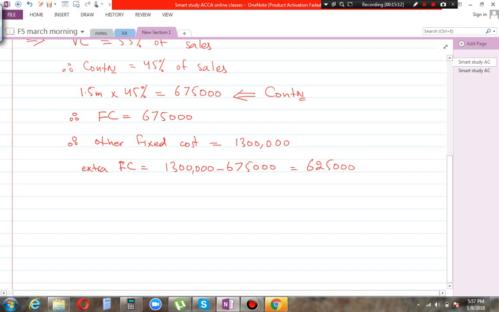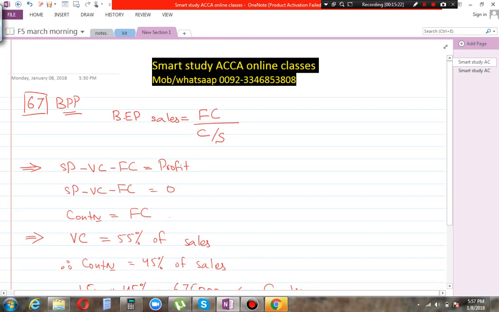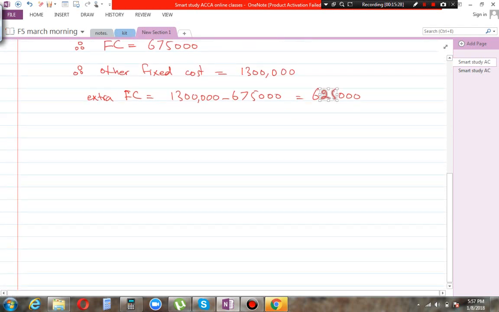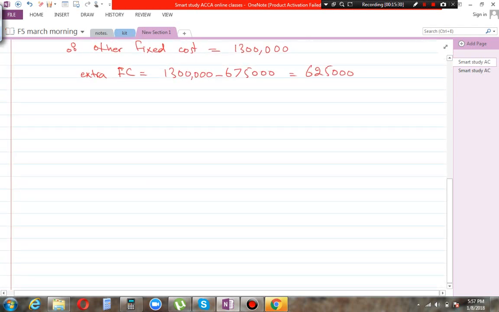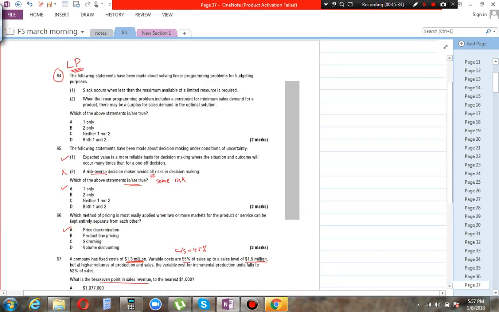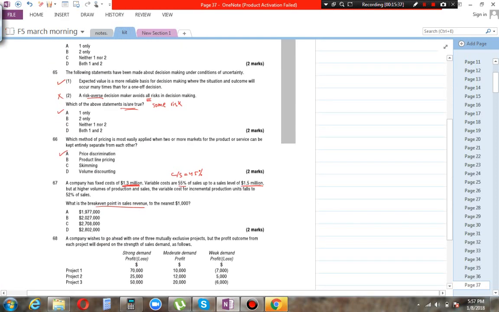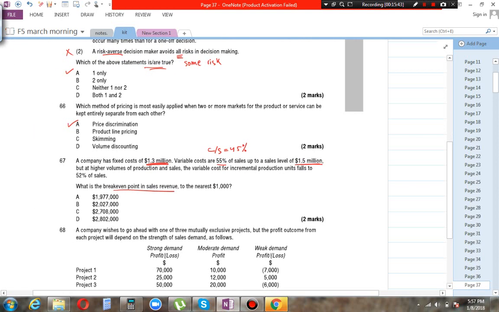So now we have the fixed cost, and what else do we need? We need the contribution to sales ratio in order to complete the formula for the break-even sales. The question says that the variable cost for incremental production units falls to 52% of the sales.